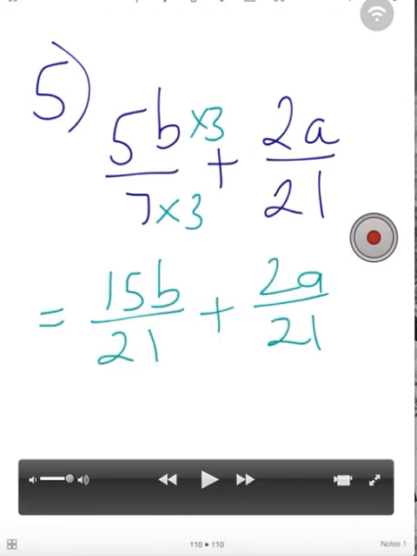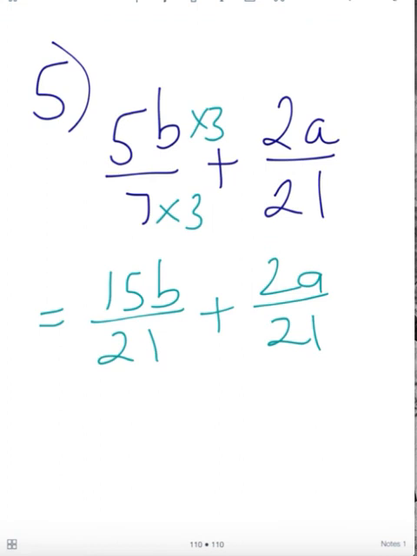Okay, now the next step is you combine them under the same denominator. So I've always told you in class this step's important now, and you can see why. And that is I write 21 once, and now I'm going to have 15b plus the 2a.